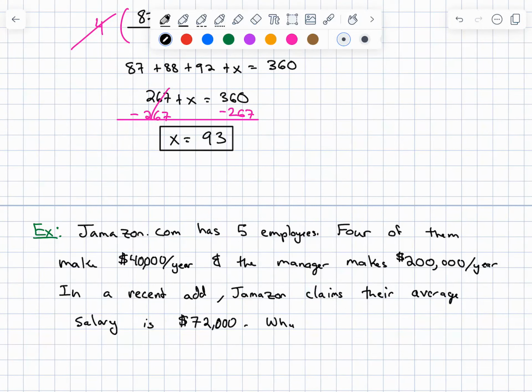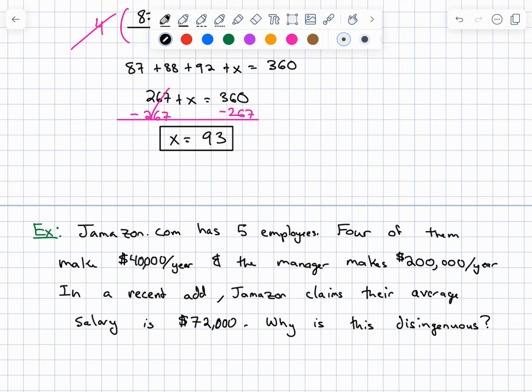Why is this disingenuous? So this is a very, very good example. But raise this up on a massive scale, maybe there might be another company that sounds like Jamazon.com, and they might have quite a few employees, like 1 million employees, and then their manager might be the first trillionaire in existence. And we can see a problem there.